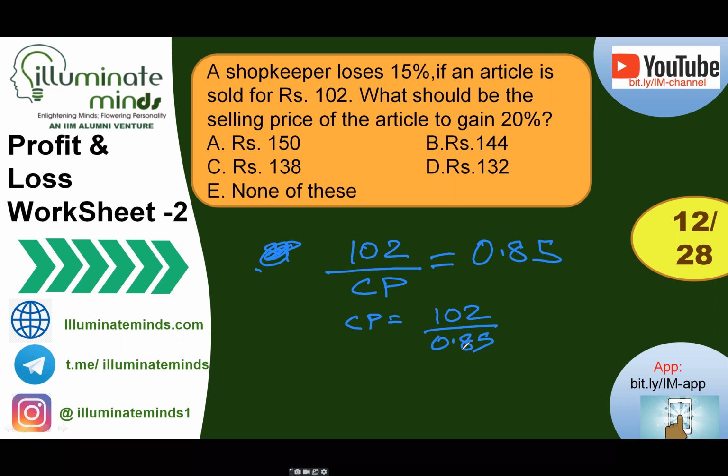Now you want to generate 20% profit on it, so multiply it with 1.2. So this will lead to the answer, isn't it? So 144 is the correct answer. Correct, guys?